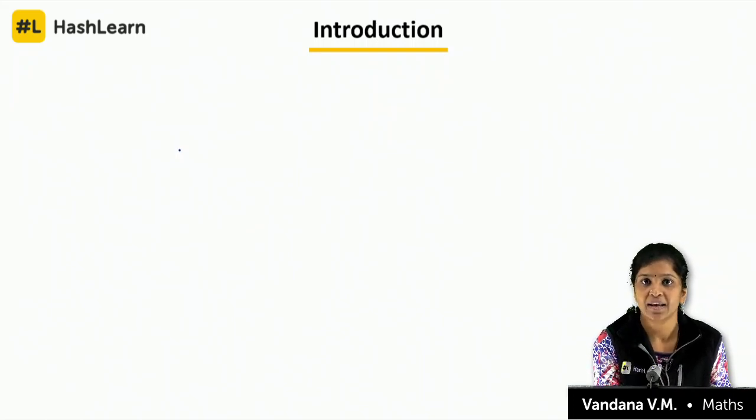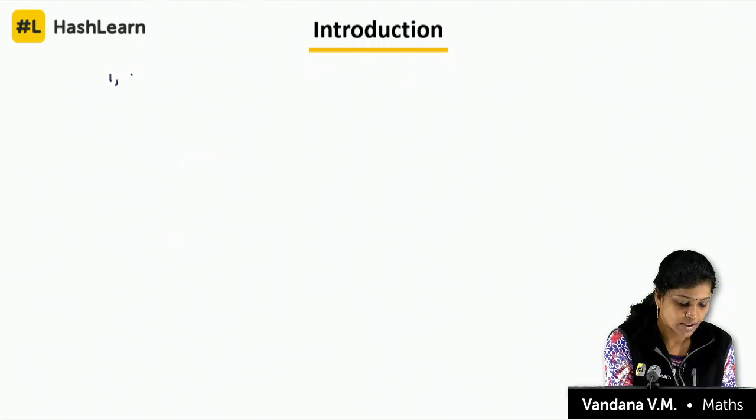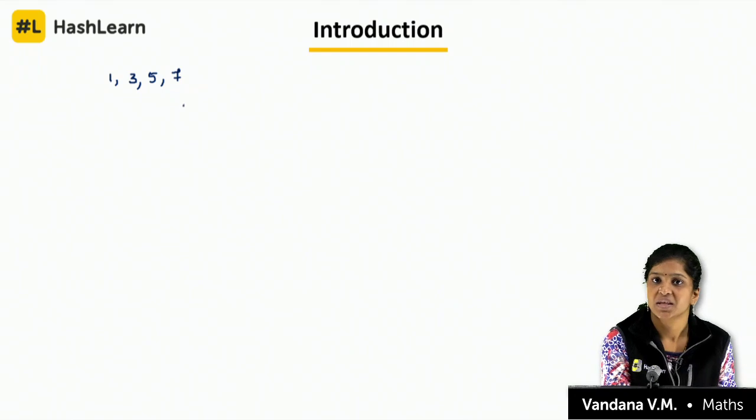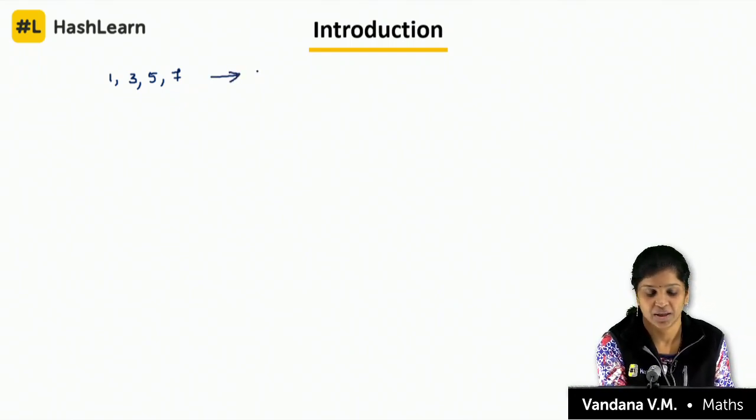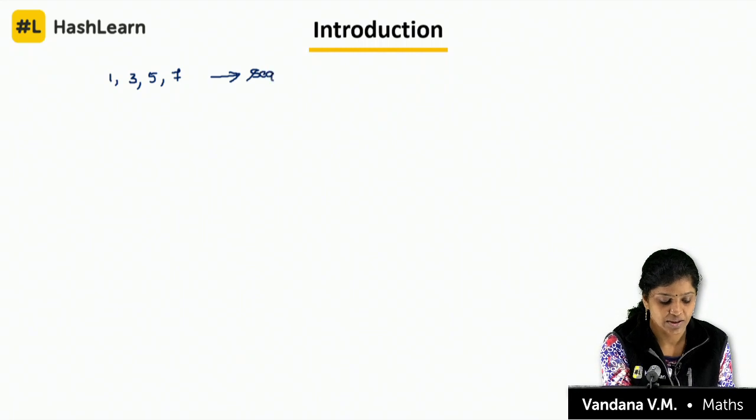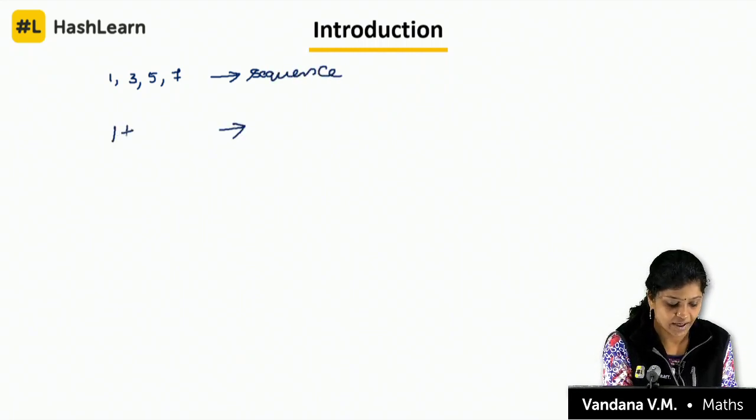If you separate the terms with commas, like 1, 3, 5, 7, that is called a sequence. If you add with plus, 1 plus 3 plus 5 plus 7, this is called a series.